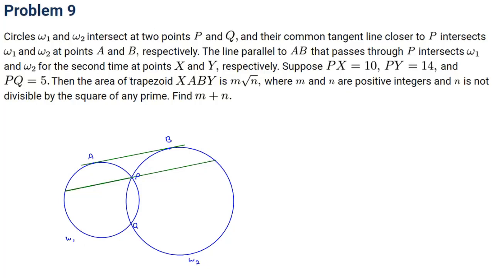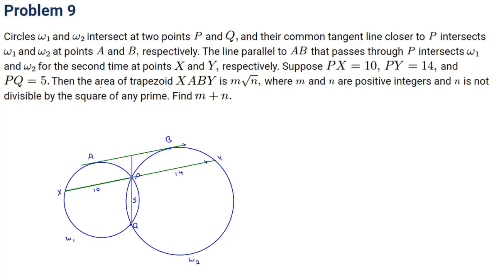So this line XY is parallel to AB. Then it says, suppose PX is 10, PY is 14, and PQ is 5. I've extended PQ, I will tell you why it's important.